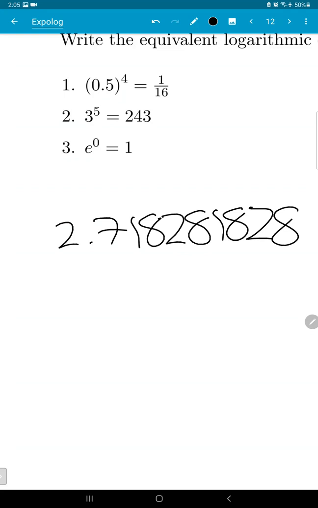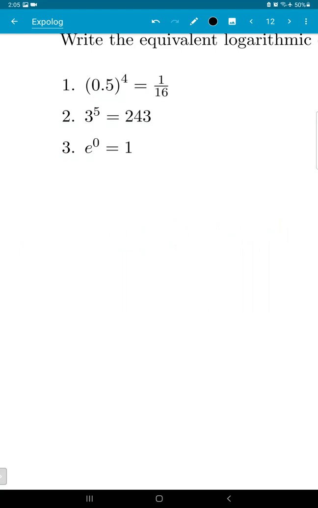Anyway, it's just a constant, just a real number, so it can be treated as any other base, like 10, which is the common base, or any other base like 2. And that is in exponential form. That is true. Any number raised to 0 equals 1. So in logarithmic form, the base is e, and then we interchange, and we have this logarithmic equation equivalent to the exponential form here.